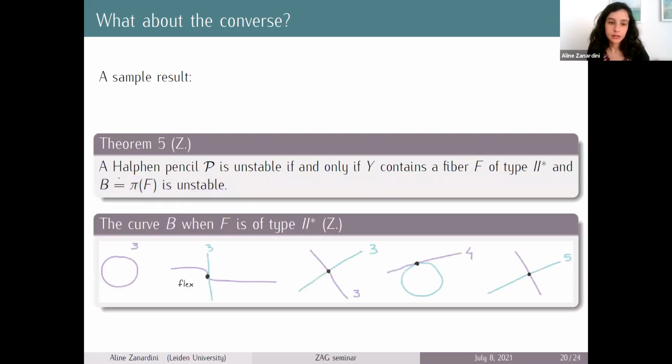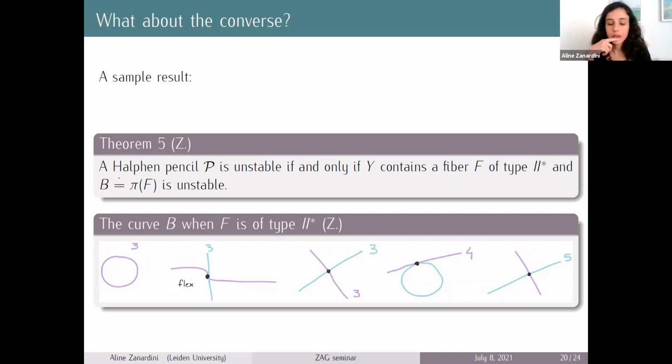And yes, we can. It turns out there are 5 possibilities for the curve B when the fiber is of type II star. It's either a triple conic, or a cubic together with a flex line with multiplicity 3, or 2 triple lines, or a conic and a line with multiplicity 4, or a line with multiplicity 5 and another line.